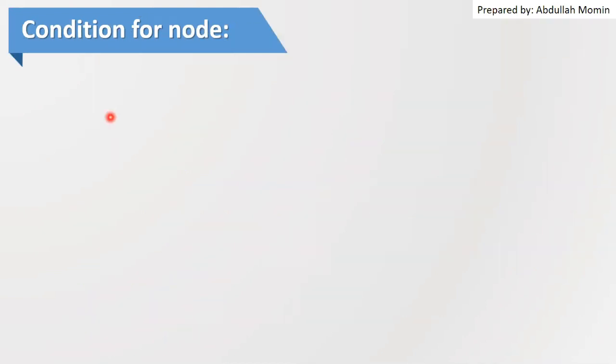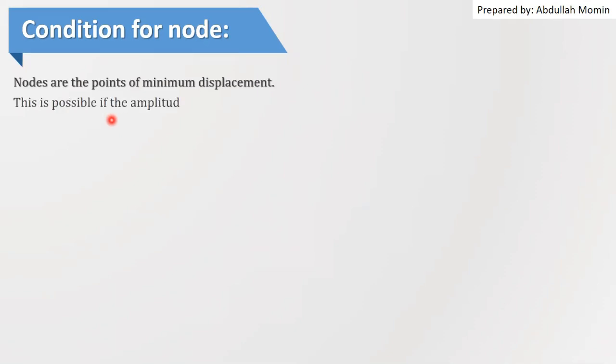Now we are going to discuss the condition for nodes. Nodes are the points of minimum displacement. That means when two simple harmonic progressive waves superimpose with each other, at some points of the medium we get minimum displacement or zero displacement. This is possible if the amplitude is minimum or zero, that is, the resultant wave has zero amplitude.